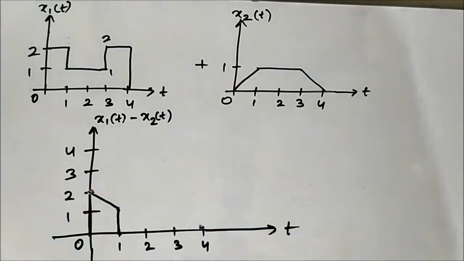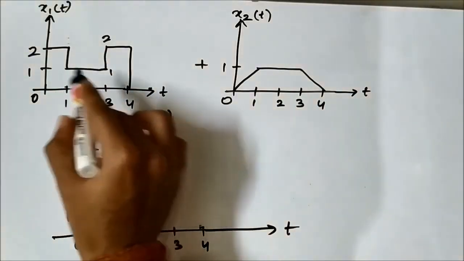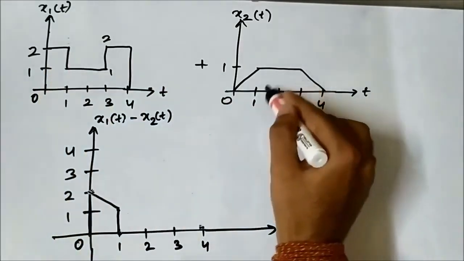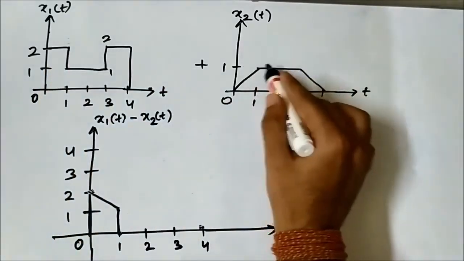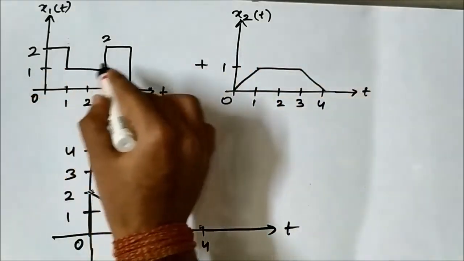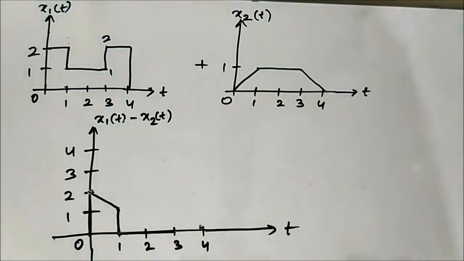Then for the entire interval from 1 to 3, the value of x1(t) is 1, and here also it is 1 from 1 to 3. So for this entire duration, x1(t) minus x2(t) will be 1 minus 1, 0. So it will be 0 from 1 to 3.